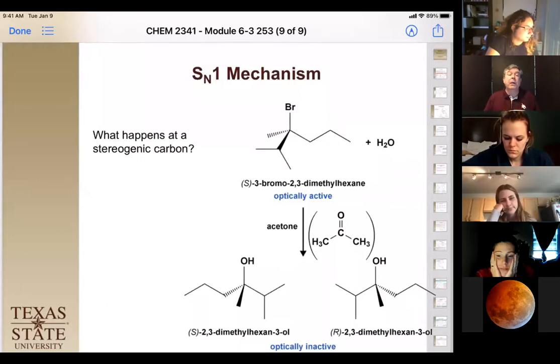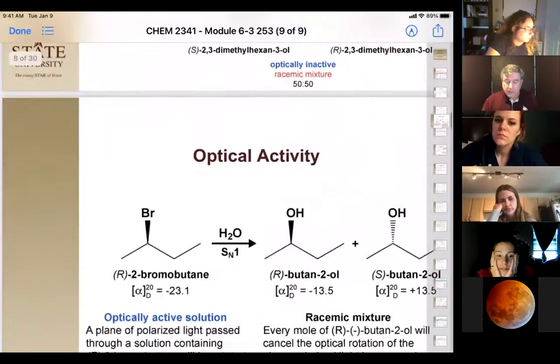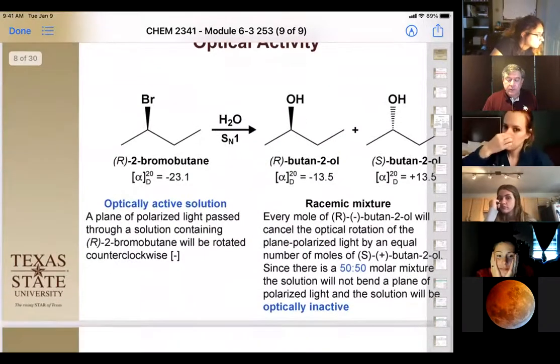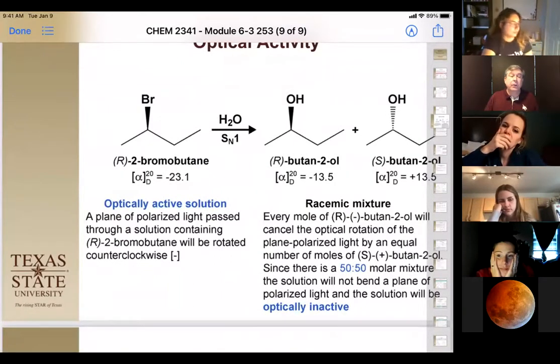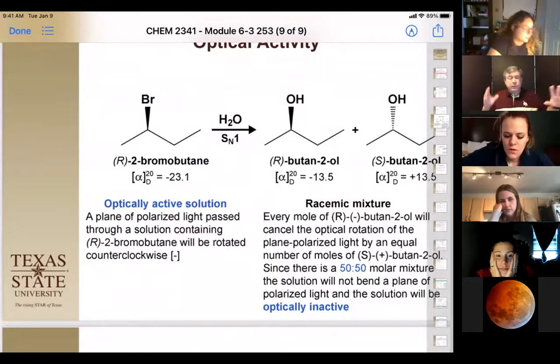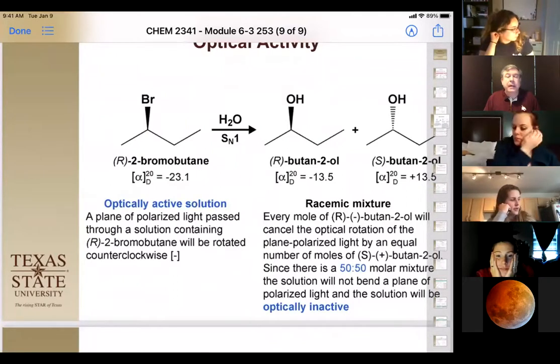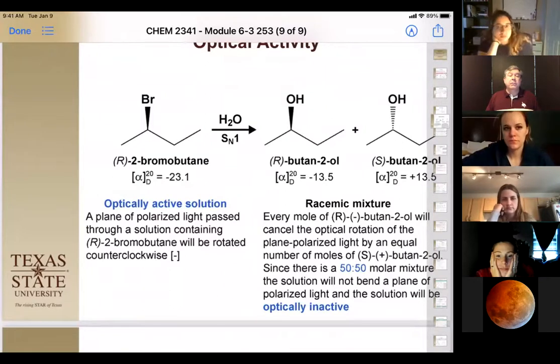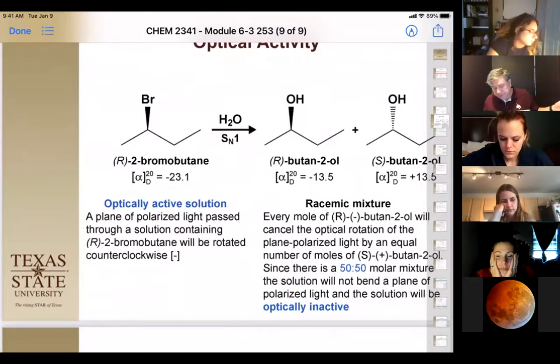And in SN1, we always have a mixture of stereocenters, 50-50, because there's no difference from the top of the molecule or the bottom of the molecule. Okay. Which means whenever we do a reaction on something that is optically active, in this case, we have the 2-bromobutane, and it was 100%, we purified it, we made sure it was exactly 100% optically active, and we just boiled it in water, and then it lost all optical activity.